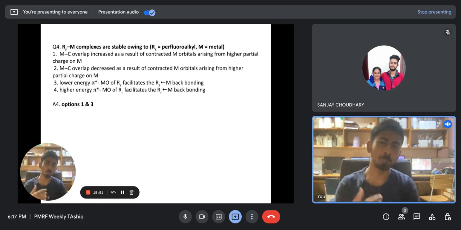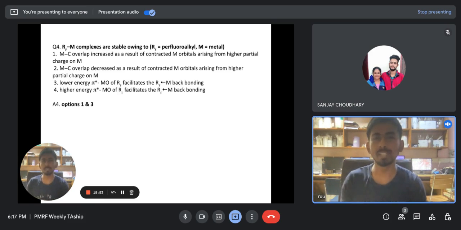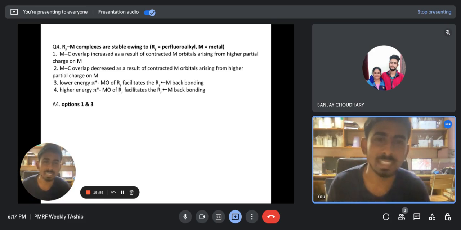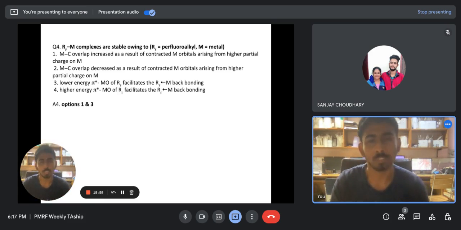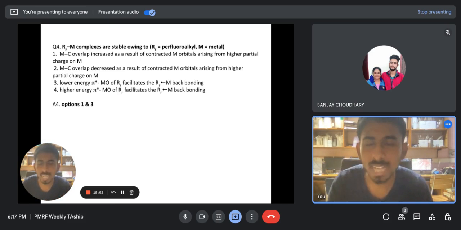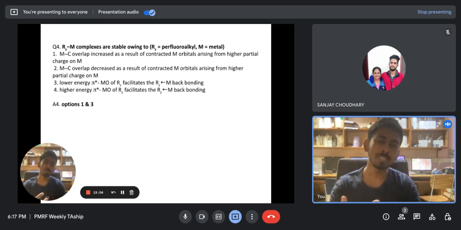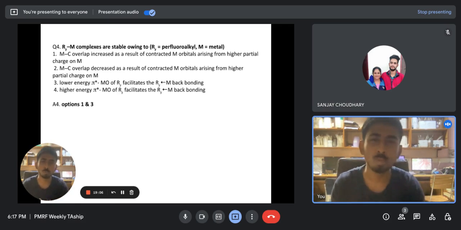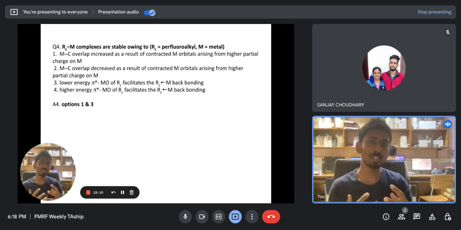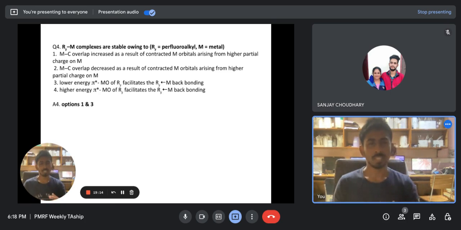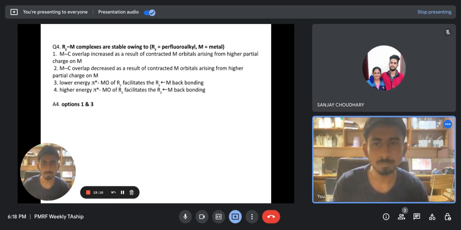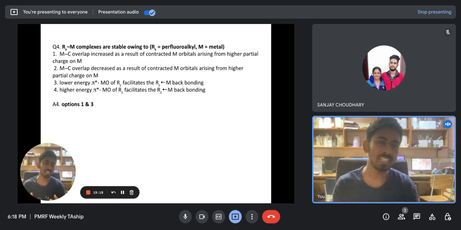Let's discuss option 1, that is the M-C overlap increases as a result of contracted M orbitals arising from higher partial charge on metal. So let's come from the basics. Here you can see the carbon is attached to several fluorine atoms, that is the perfluoroalkyl groups, and because the group electronegativity of the perfluoroalkyl group is quite high, the metal develops a positive charge.